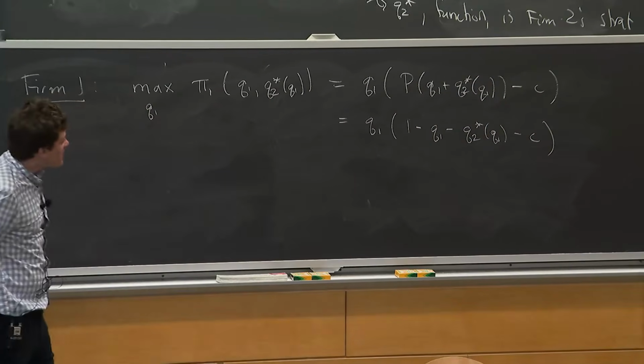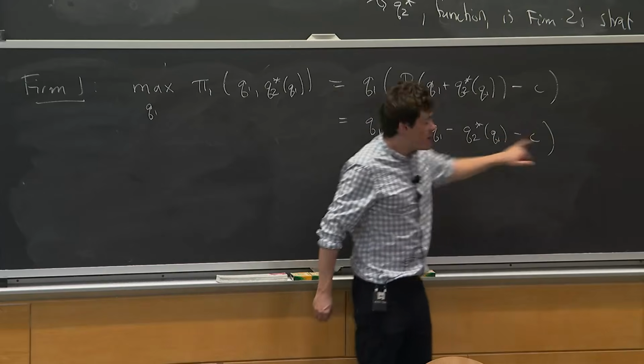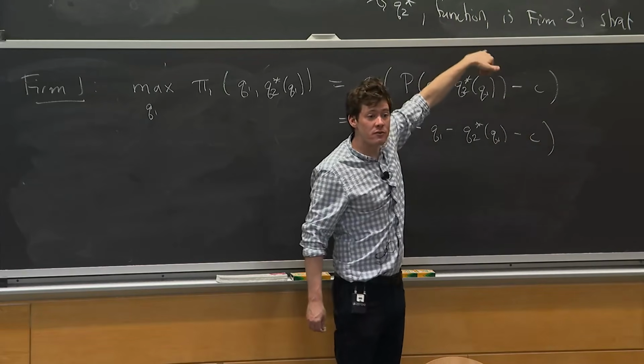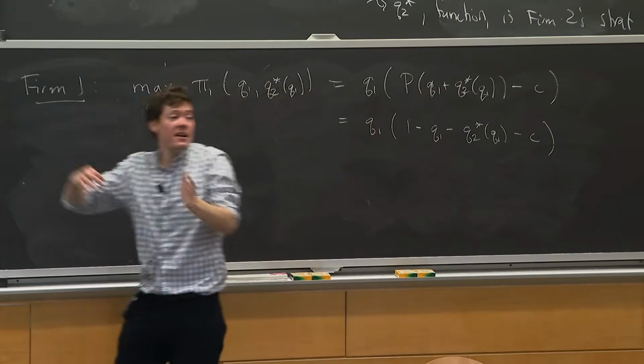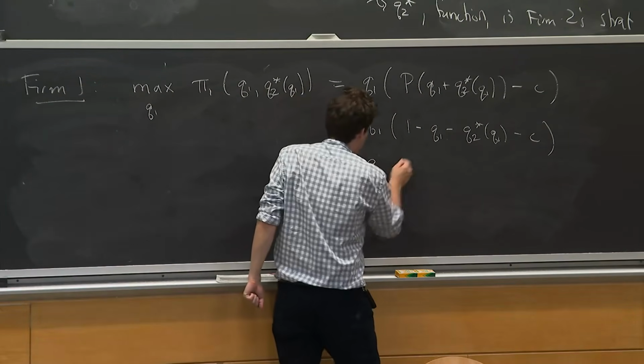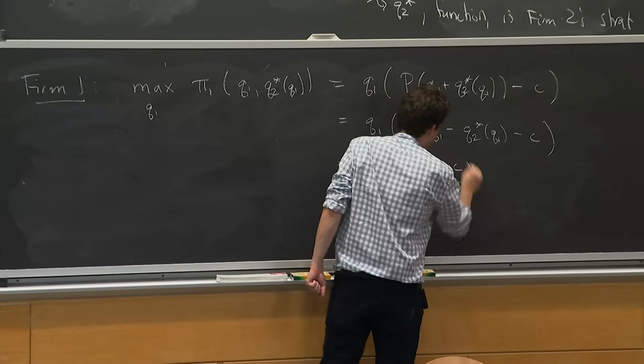And here there's kind of a trick. We have 1 minus q1 minus c, minus, again, 1 minus q1 minus c, but over 2. So we have 1 minus q1 minus c minus half of it, so we have half left. So we're going to get q1 times 1 minus q1 minus c over 2.